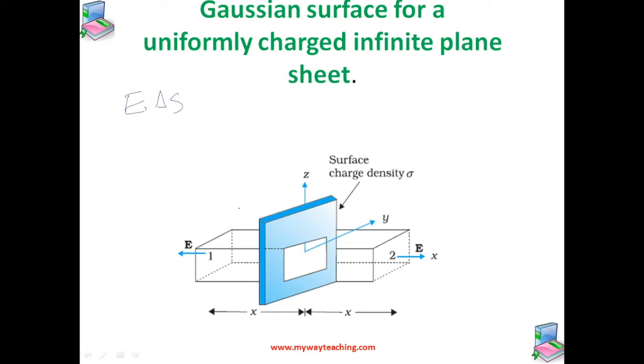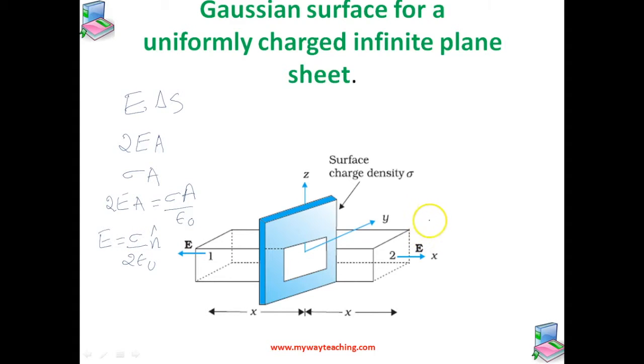Therefore, the net flux through the Gaussian surface is given by 2EA, and the charge enclosed by the closed surface is sigma into A. So 2EA is equal to sigma A by epsilon naught, or in other words, E is equal to sigma by 2 epsilon naught, vectorially n cap, where n cap is a unit vector normal to the plane and going away from it.